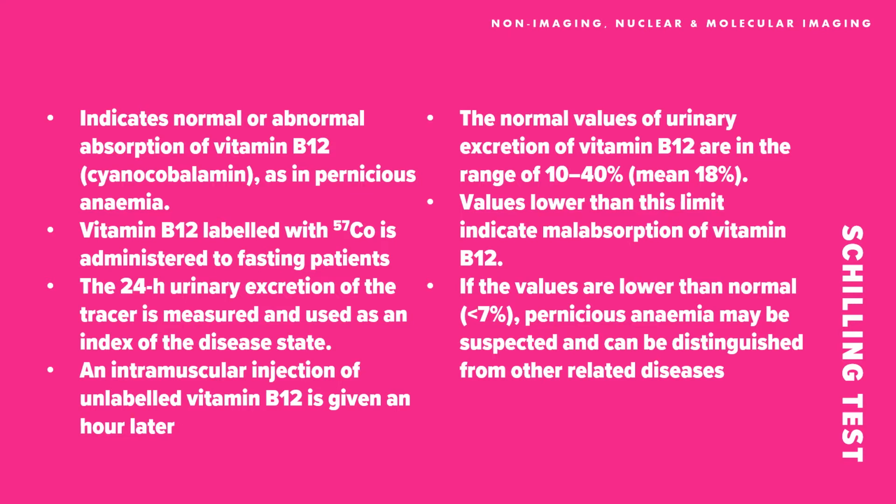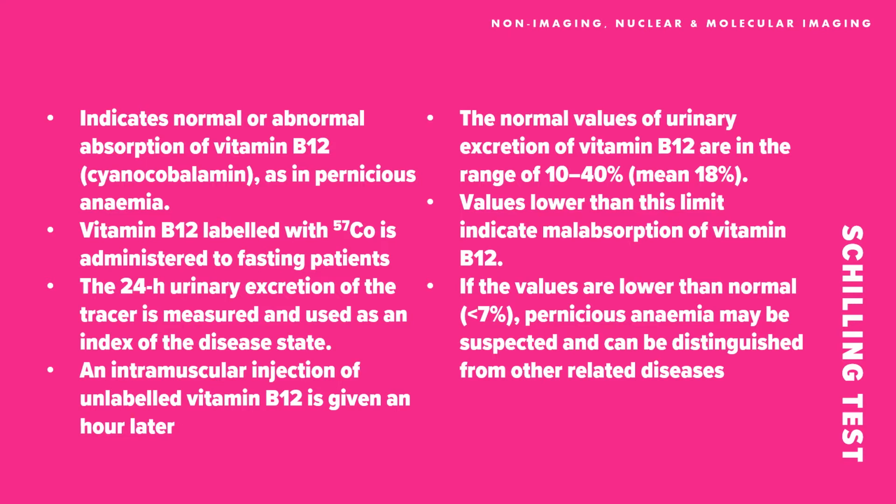After 1 hour of administering the radiolabeled vitamin B12, at the same time you give an intramuscular injection of unlabeled vitamin B12. The reason is that we want to create a competition between the labeled and unlabeled, the one that is intramuscular and the one taken orally. Then over 24 hours, they collect the urine excretion.